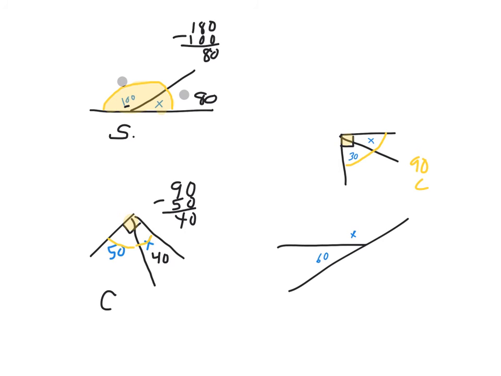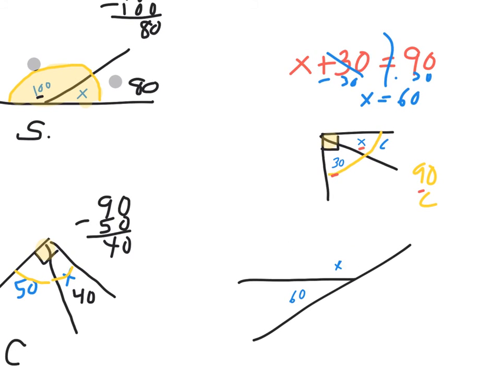So that means if I'm going to use algebra now, this angle, x plus 30, is going to equal 90. Look at that, there's some algebra. Now how can we solve that problem? You know how to solve a one-step equation. Subtract 30 on both sides. X will equal 60. So that means that this x right here is 60, and 60 plus 30 is 90.